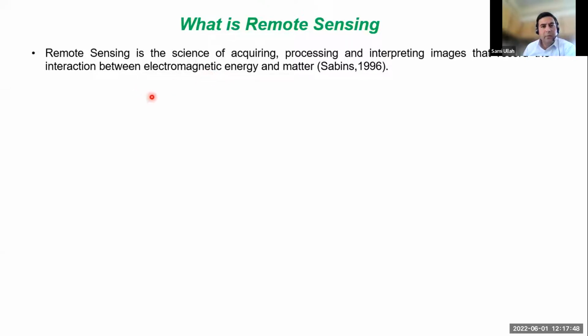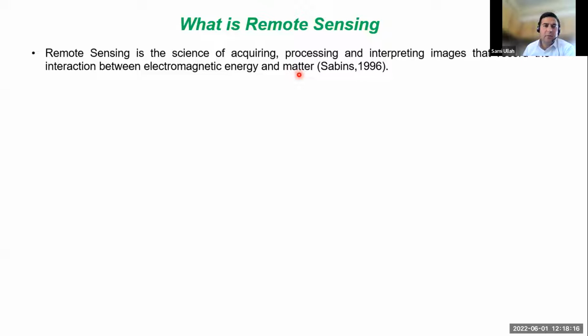For example, Sabins in 1996 defined remote sensing as the science of acquiring, processing, and interpreting images that record the interaction between electromagnetic energy and matter. So in this definition, there are two things involved: electromagnetic energy and matter.